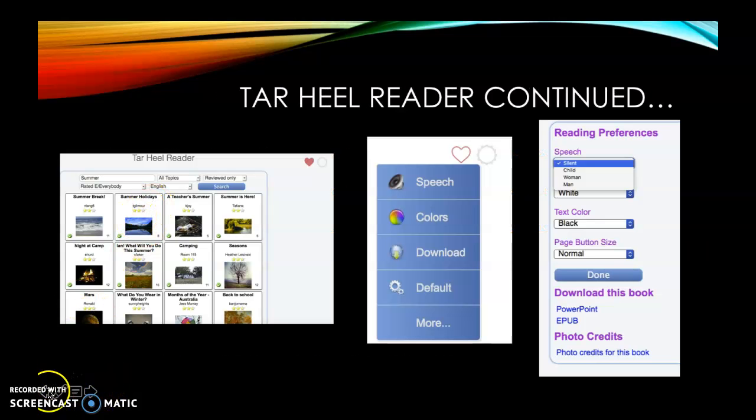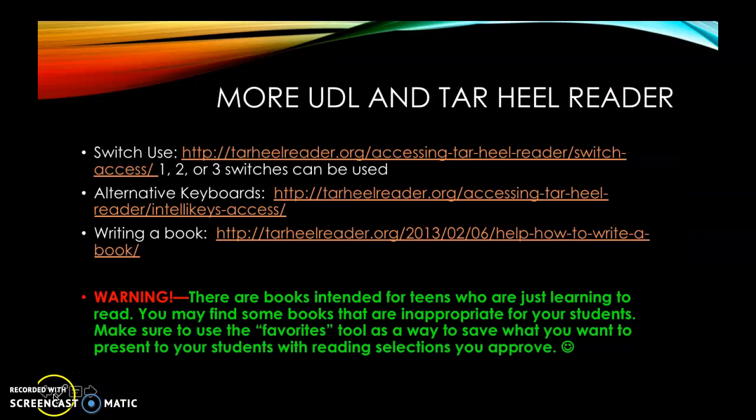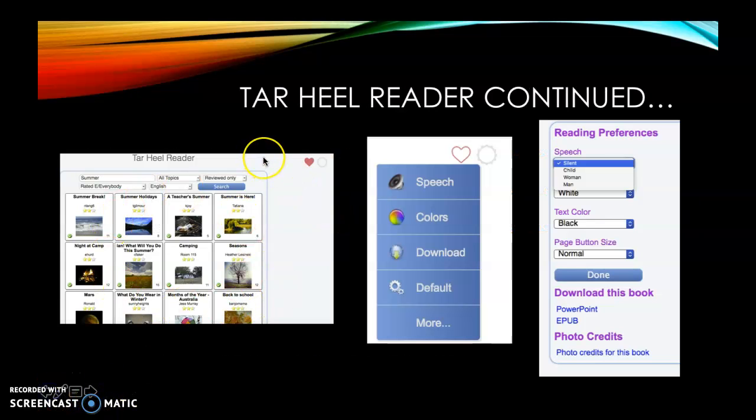So when you go back, I'm going to go back one. When you go to find a book, so once you click on that, this page will come up. And I just typed in summer just to show you that once you type in a topic, all these different lists of books will come up on the screen. You can click on reviewed only to make sure that the books were reviewed by a teacher.